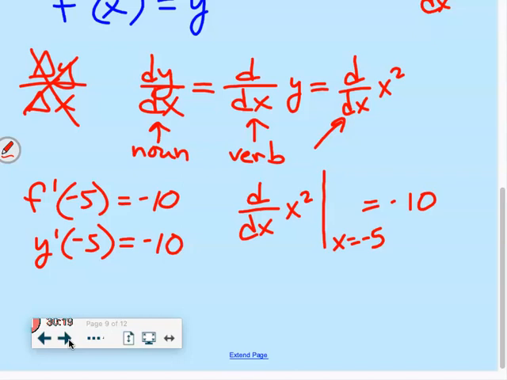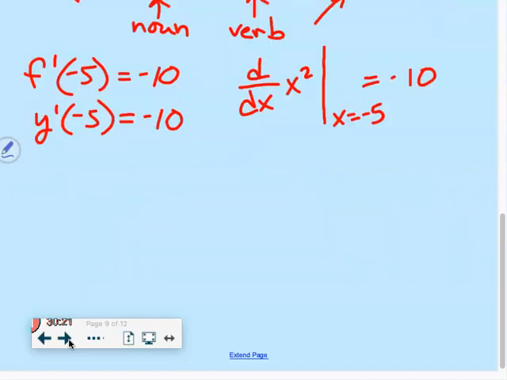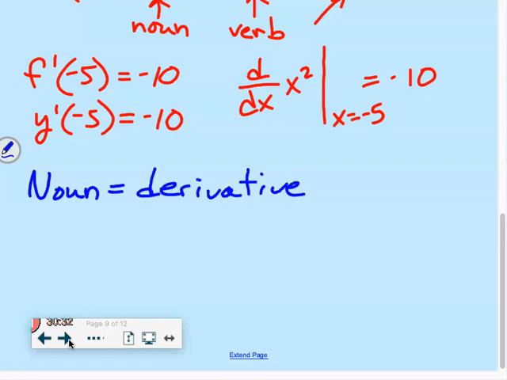Okay, one last thing to write. Actually, a bunch of last things to write. So, wording. So, noun, derivative. The verb for derivative is not derive. That's a big pet peeve of mine. I don't have many. That's one of them.